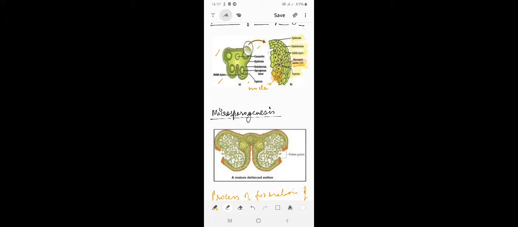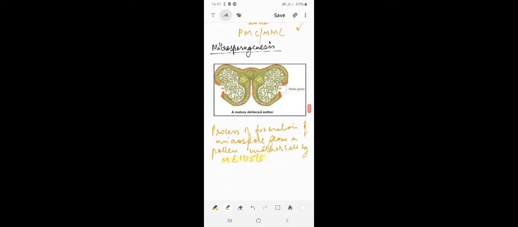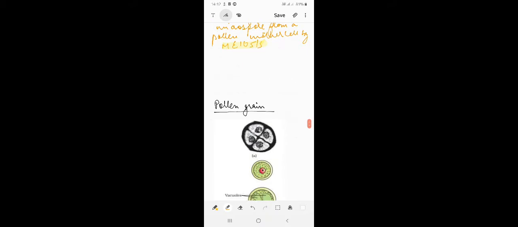So they get matured. Now they have a potential for division. They are also known as pollen mother cell, that is PMC, or microspore mother cell, that is MMC. Each microspore mother cell, or PMC, is diploid, that is 2n.